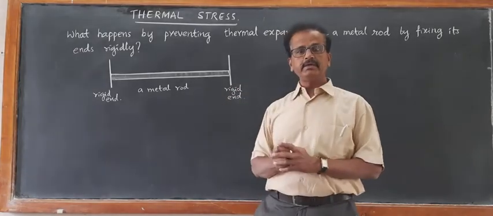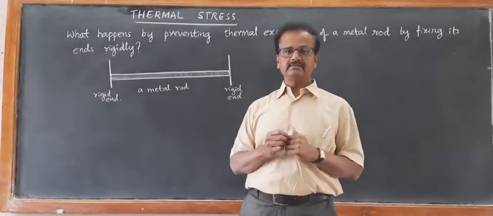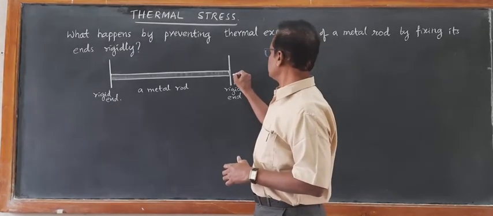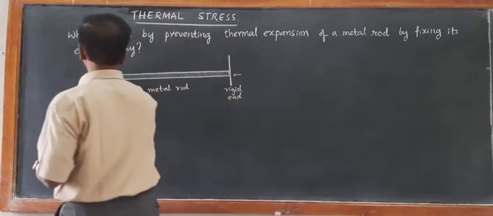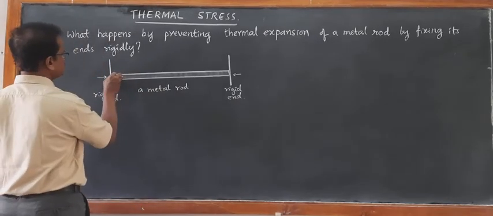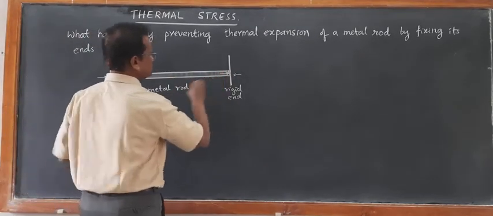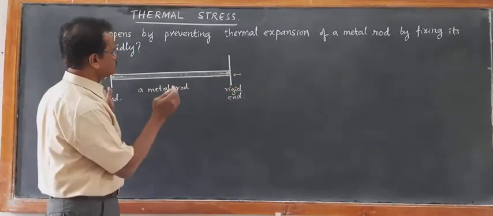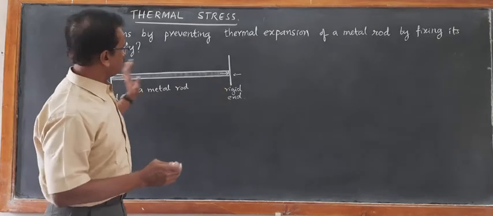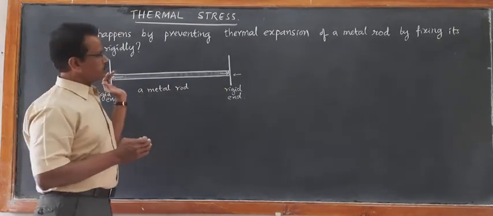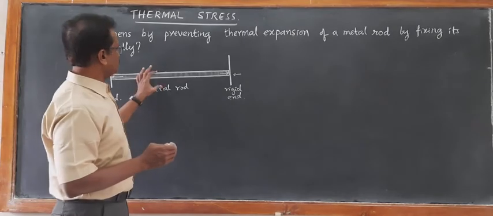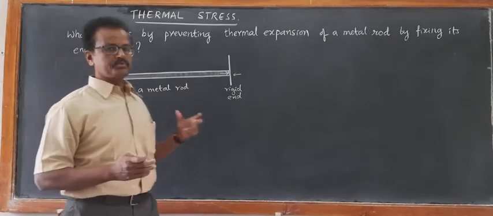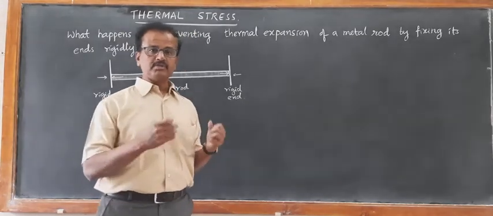As a result, there will be a compressive strain developed in the metal rod. Since the rigid ends exert force on either side, the expansion tending to take place linearly on either side is not permitted, so the metal rod experiences compressive strain on both sides.